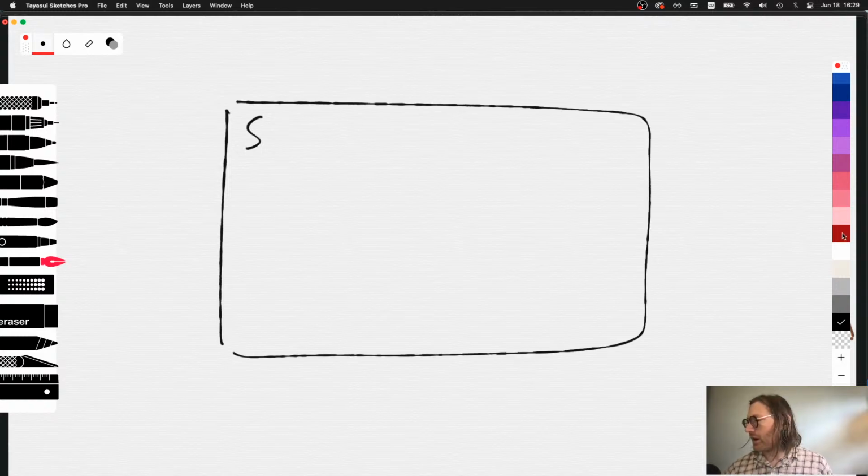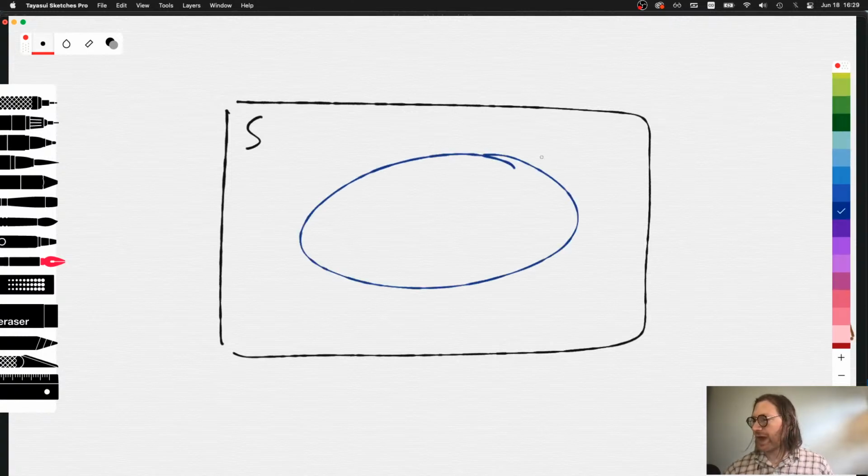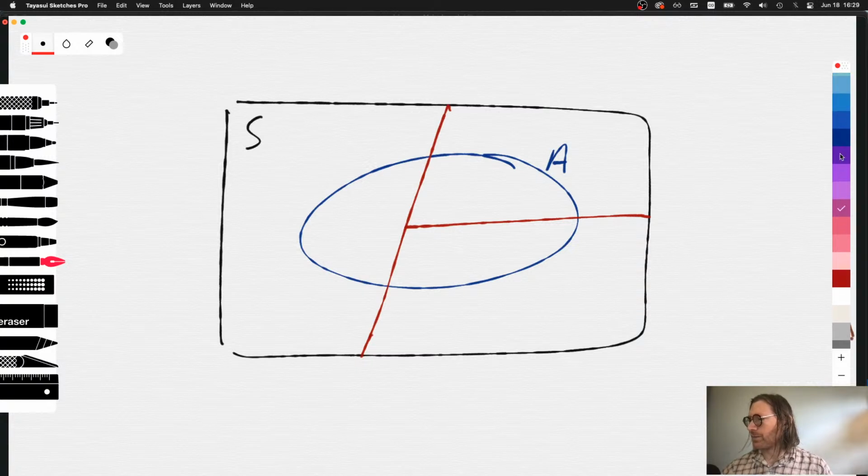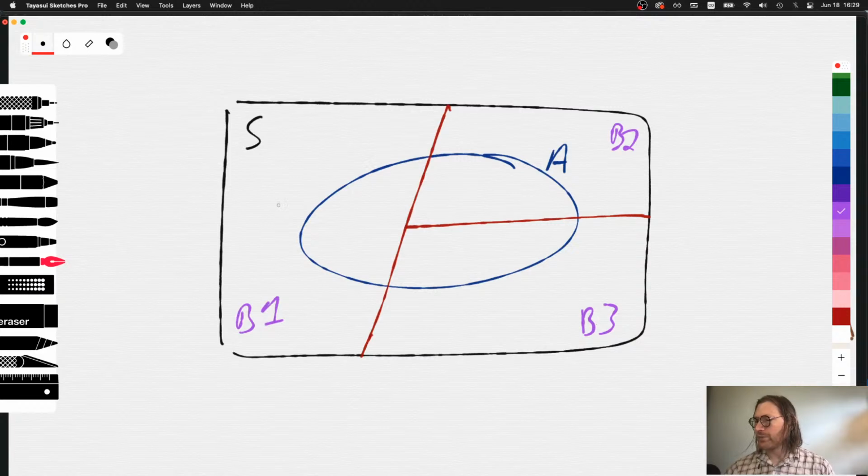Here's S. We'll define A. So that's event A, and let's divide this into parts. We're dividing A into parts. We're also dividing S into parts. And so A is this circle, right? And then we've got B1, B2, and B3. And B1 is the entirety of this area.